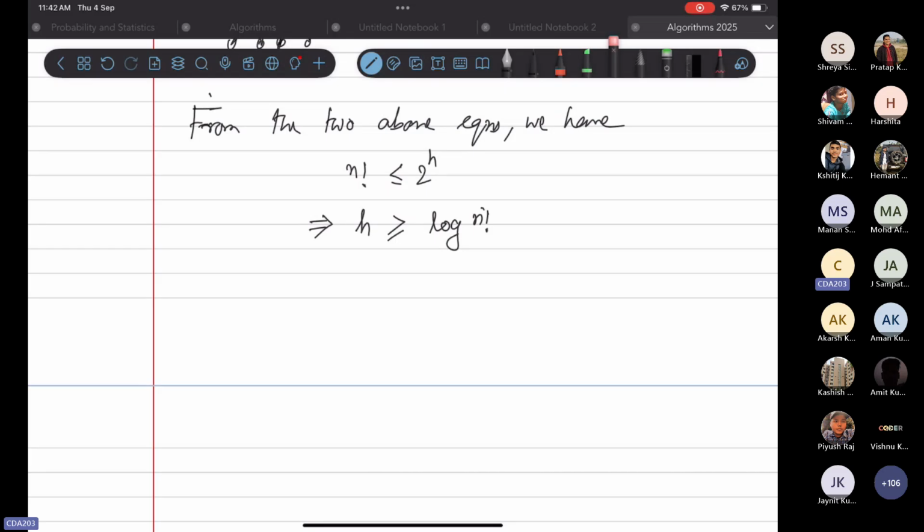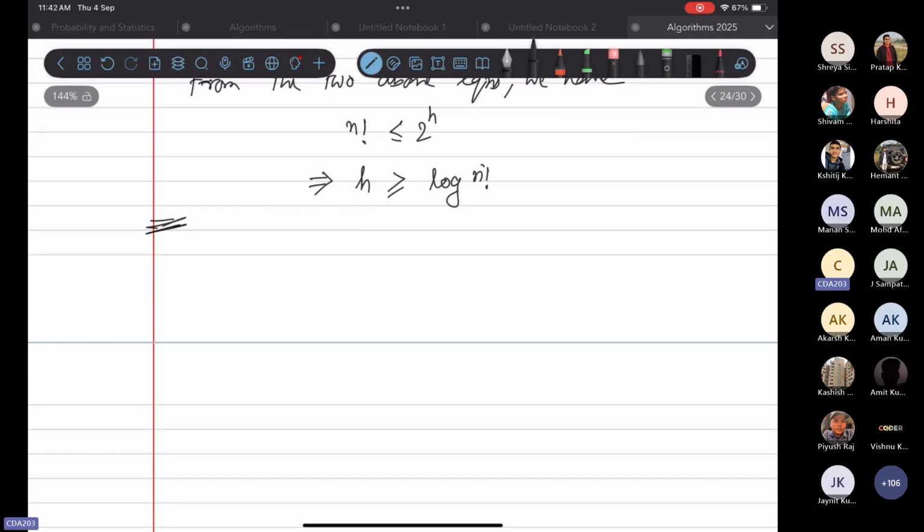So n factorial means what? Okay, let me write it separately. n factorial means it's n times n minus 1 times n minus 2. This is n factorial, right?